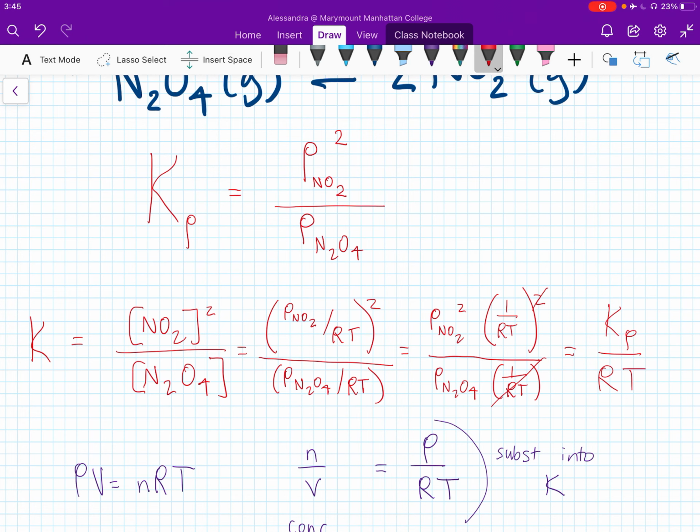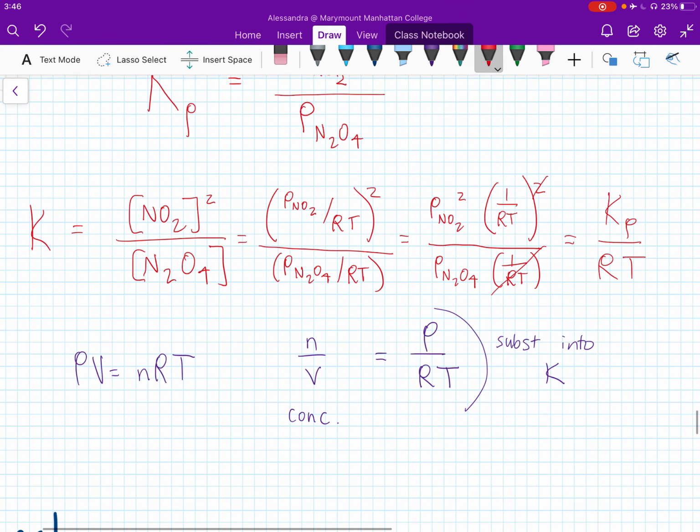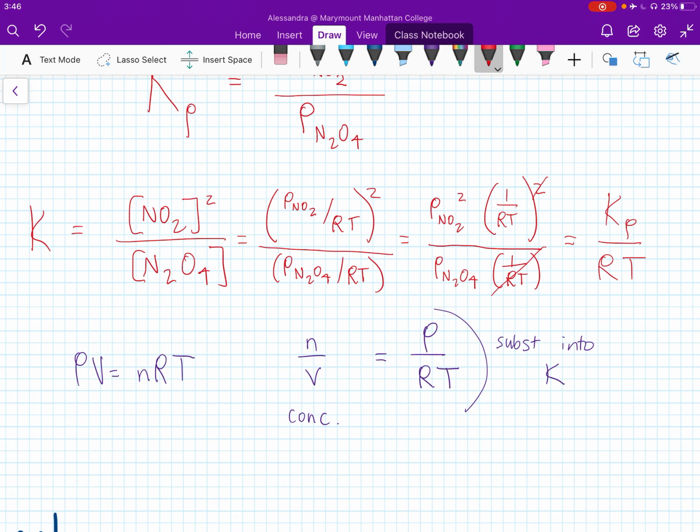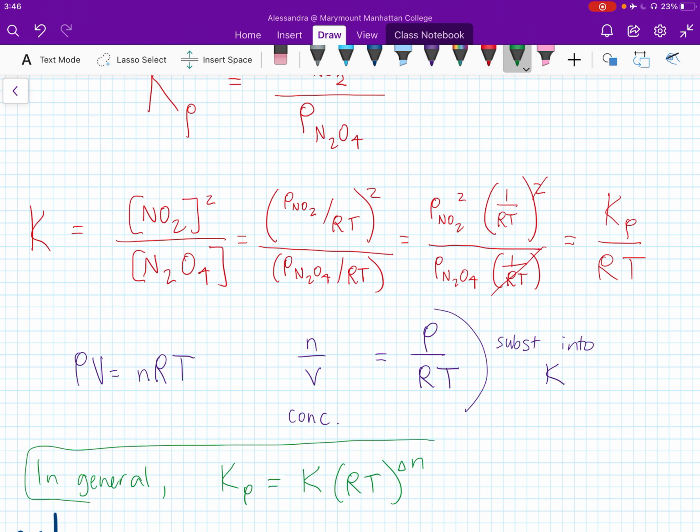Now, that holds true for this particular reaction, but this depends on stoichiometry. So we can make a general statement that applies to all reactions that relates Kp and K. Kp is going to be equal to K times RT raised to the power of what I'm going to call delta n. So this is the general statement that's true.